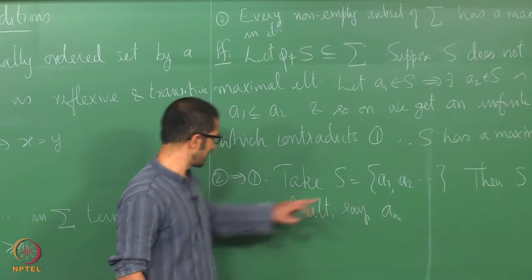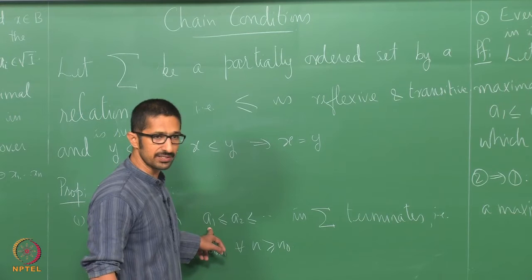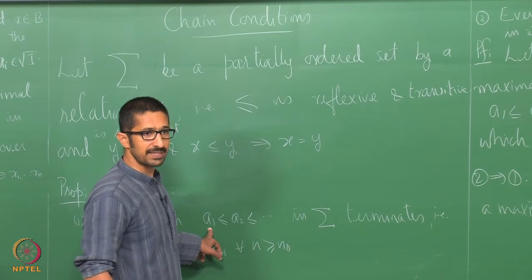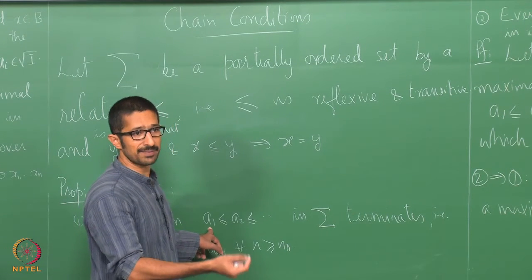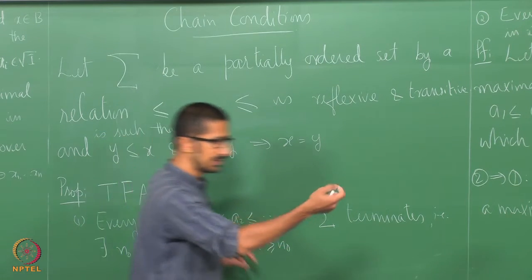Now, what is given to us is that A i is less than or equal to A i plus 1. So, therefore, A n naught is less than or equal to A n naught plus 1, but A n naught is a maximal element, therefore, A n naught is equal to A n naught plus 1 and so on.